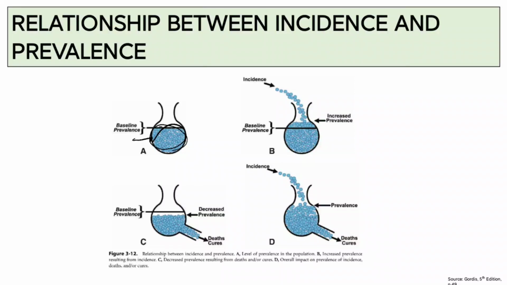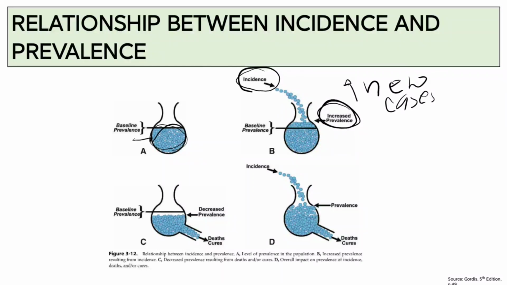Sa letter B naman, ang nangyayari dyan is if you increase the incident rates, no? Incident, yan. Nagkakaroon ng mga new cases. Increased yung incidence. Anong nangyayari sa prevalence? So, prevalence also increases.